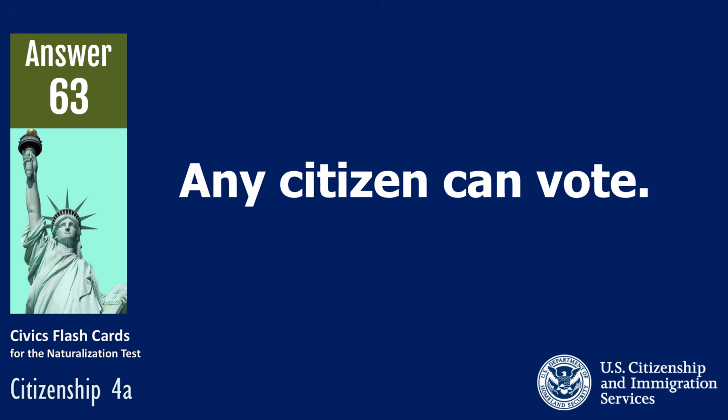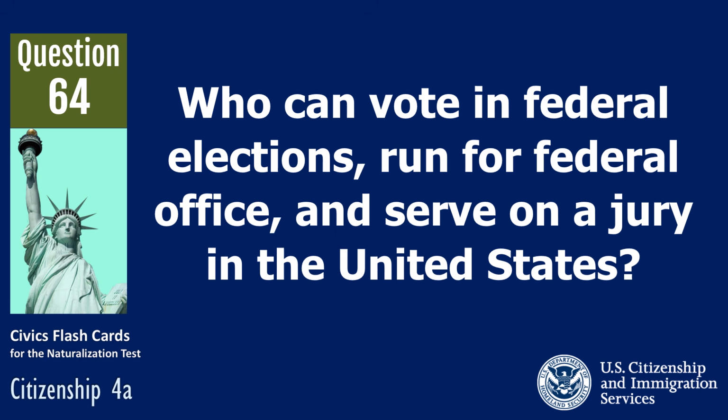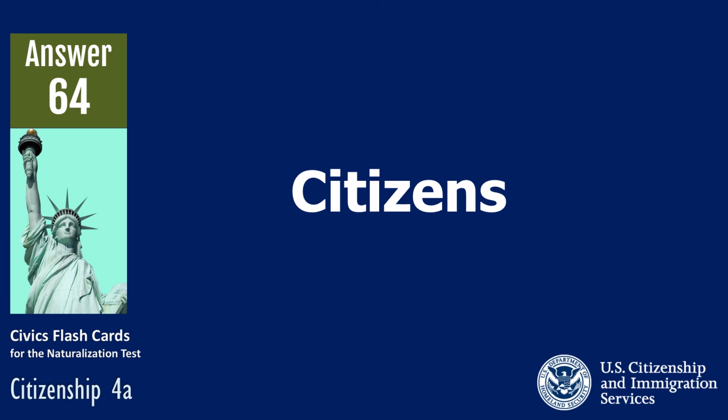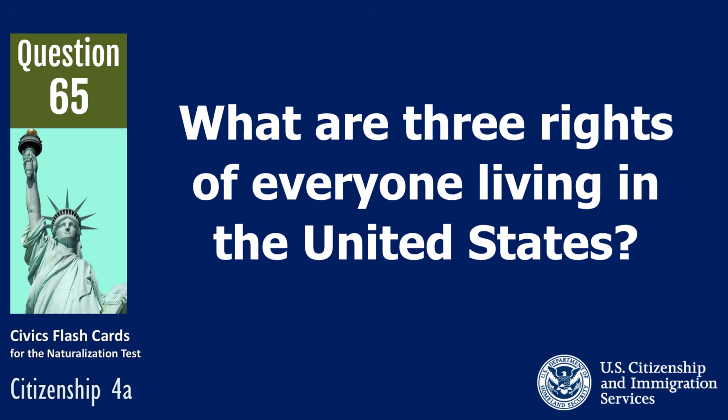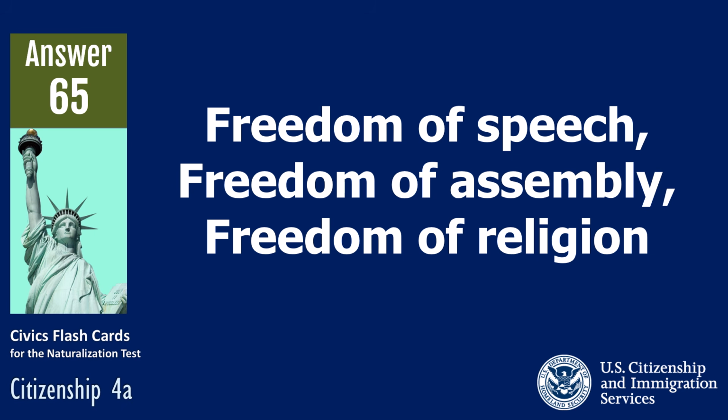There are 4 amendments to the U.S. Constitution about who can vote. Describe one of them. Any citizen can vote. Who can vote in federal elections, run for federal office, and serve on a jury in the United States? Citizens. What are 3 rights of everyone living in the United States? Freedom of speech, freedom of assembly, freedom of religion.